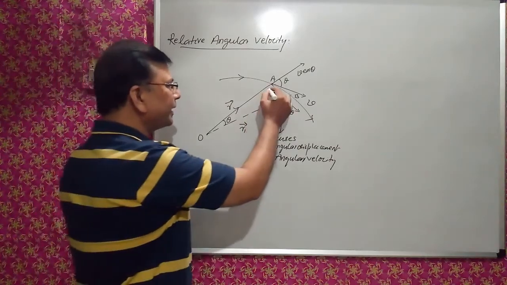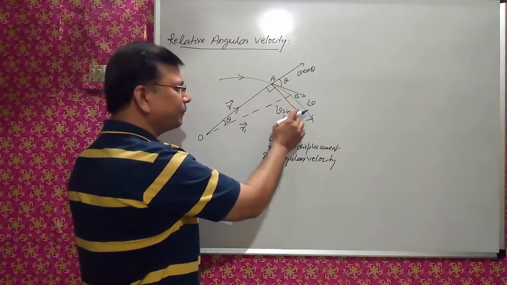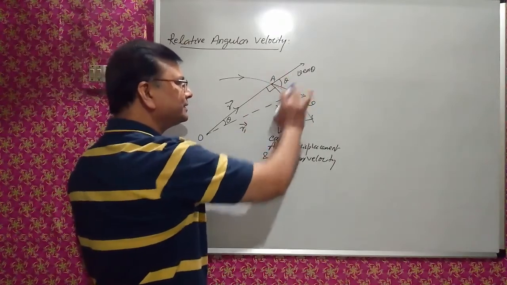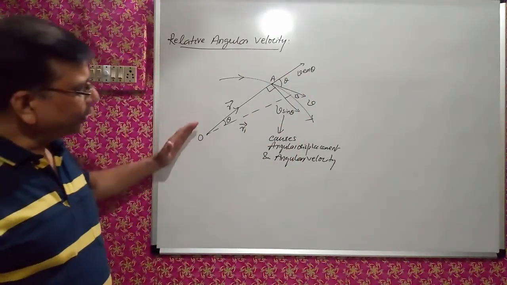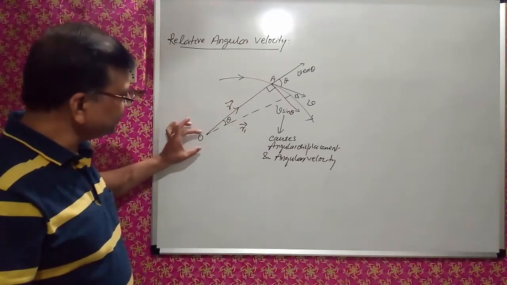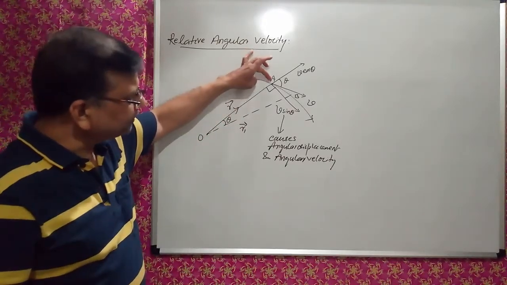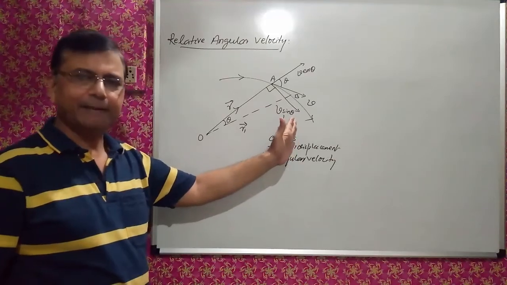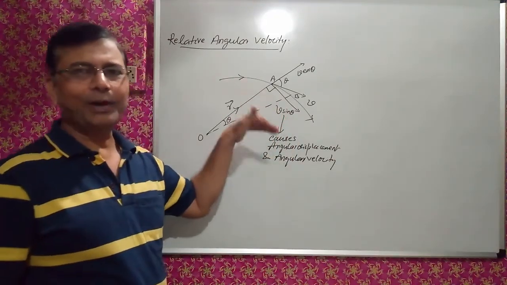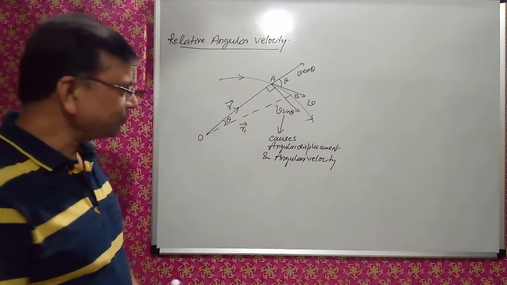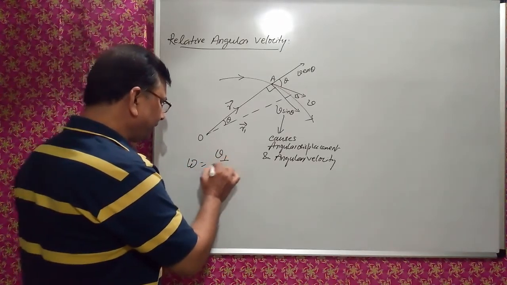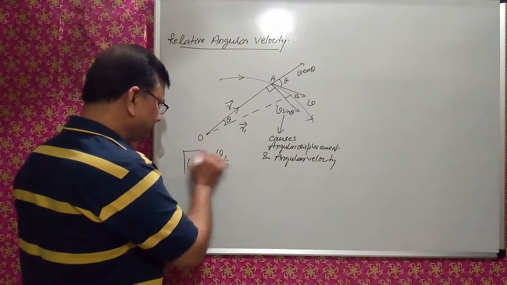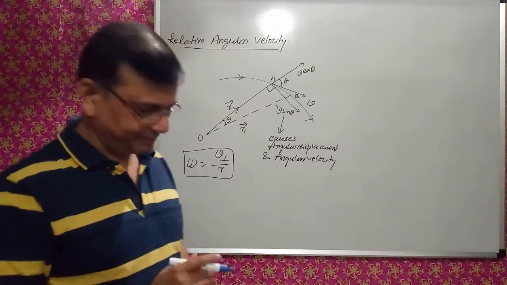So it is caused by this velocity component, and this increases the radius. So I had discussed that the velocity normal to the distance between the observer and the object gives the angular velocity. That is why we write angular velocity is equal to v perpendicular by r. This is the formula I had derived.